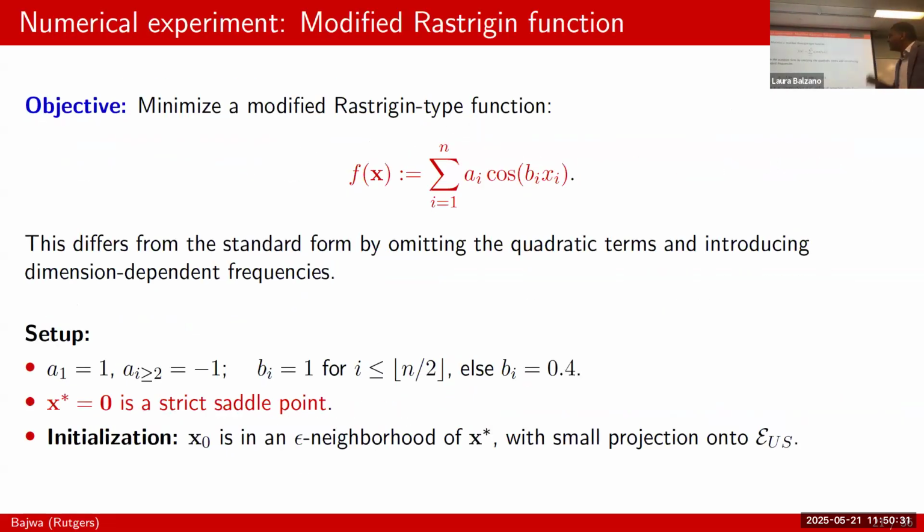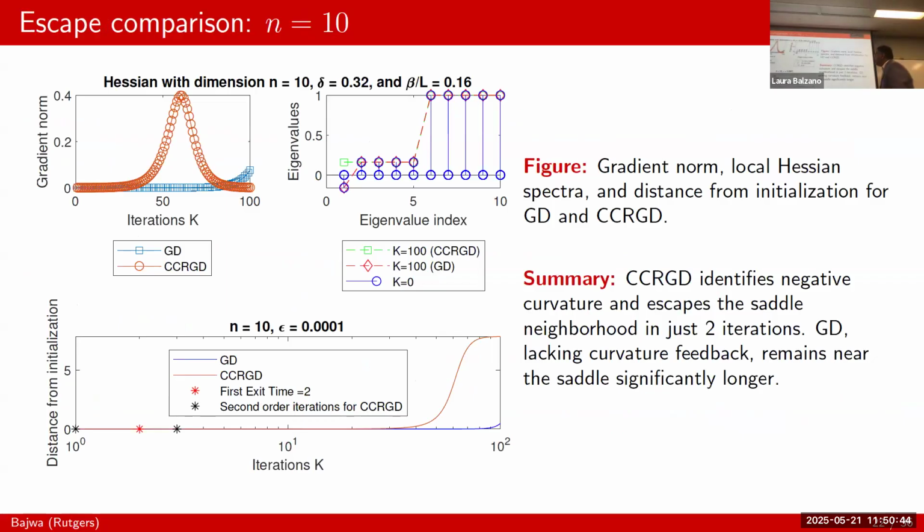So the function we work with is a Rastrigin-like function. It's modified because it doesn't have the quadratic term, and we change the V_i. We construct it so that 0 is a strict saddle. And what we do is we initialize in a radius around epsilon, 0.00001.